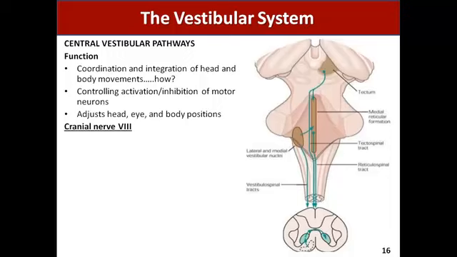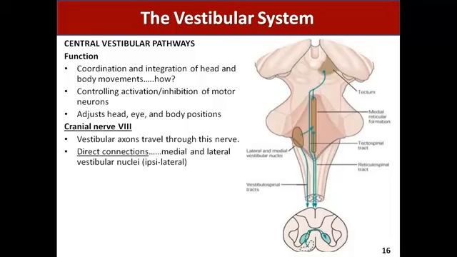So vestibular axons travel through this nerve and will connect directly to various portions of the vestibular nuclei, which are contained within the brainstem. And so when I talk about a direct connection, there is no synaptic connection between the axons that emerge from the otolith organs and the semicircular canals, to their termination onto the vestibular nuclei.